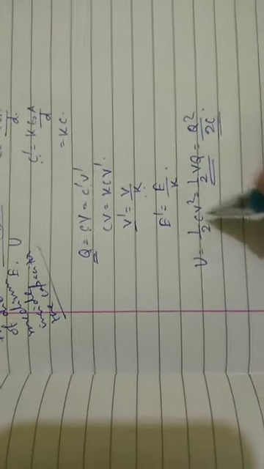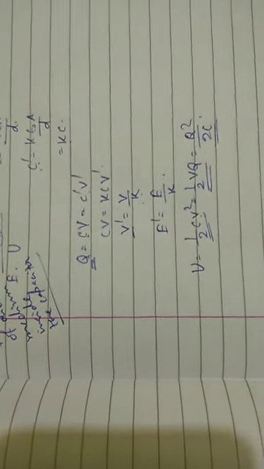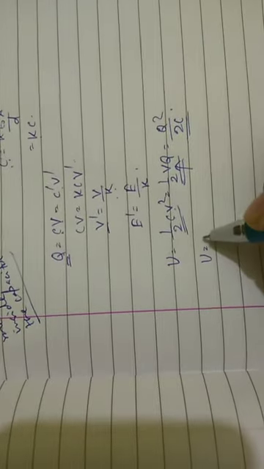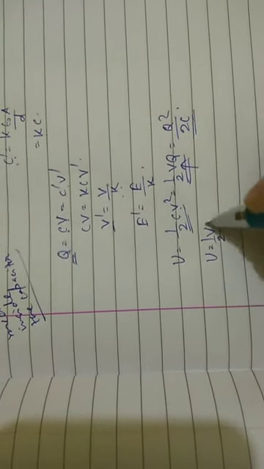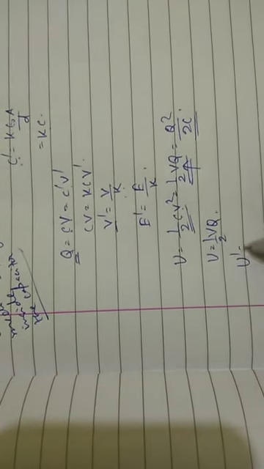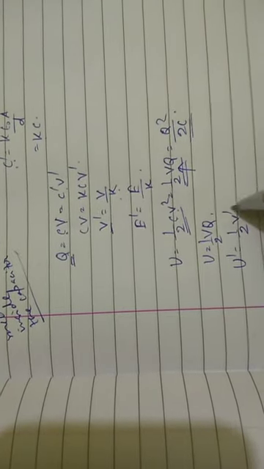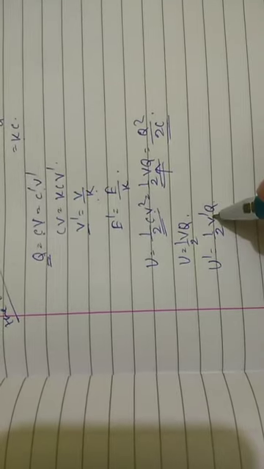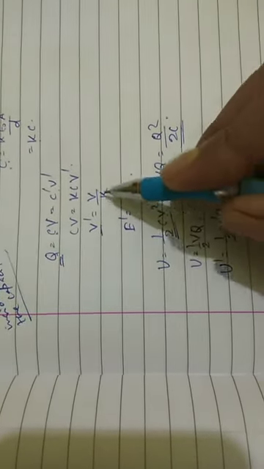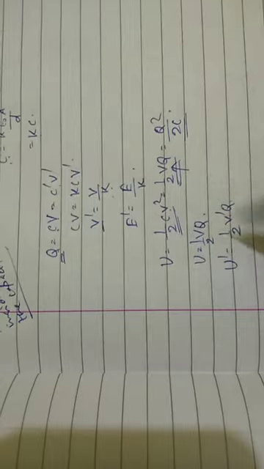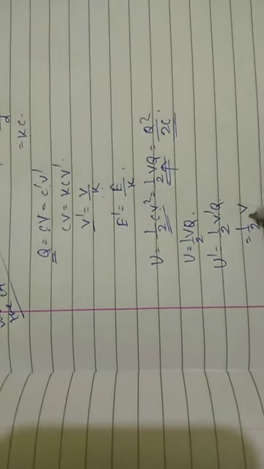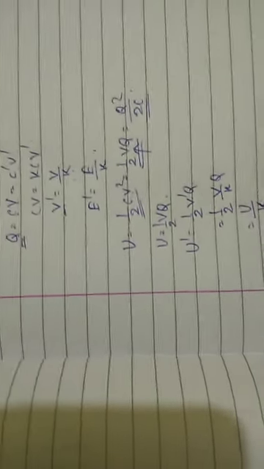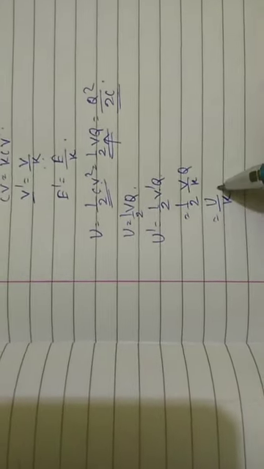Don't use CV square because both are changing. So suppose you use half VQ, the initial energy is equal to half VQ, final energy is half V prime Q, Q remains same. Now since V prime is less than V by K factor, so you can just write half V by K into Q. Now half VQ is U, so this is U by K. So the energy stored in the capacitor will also decrease.